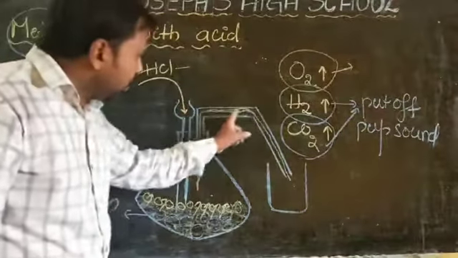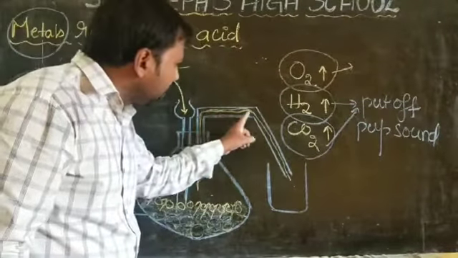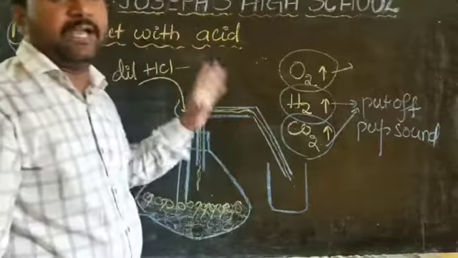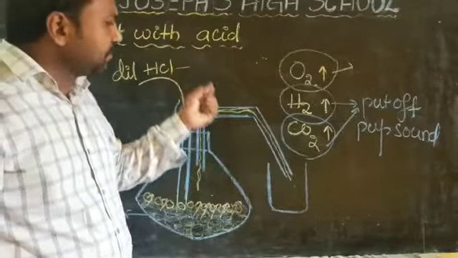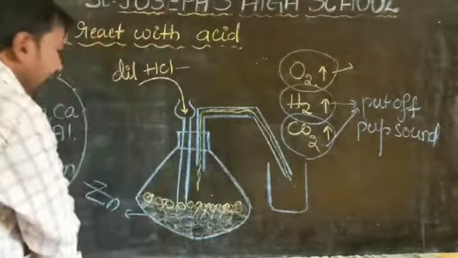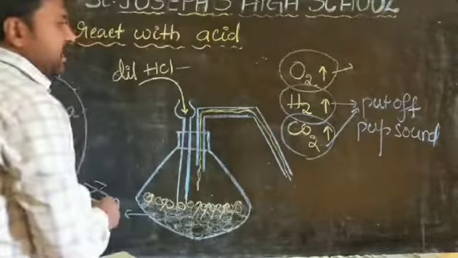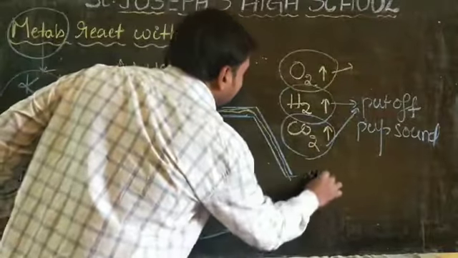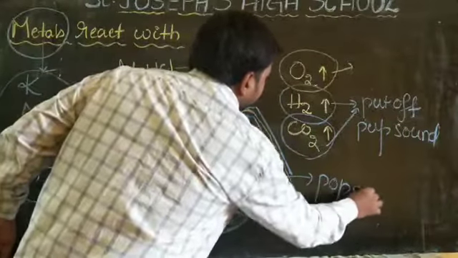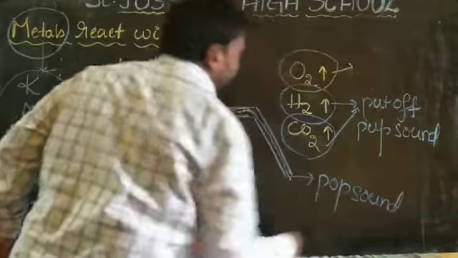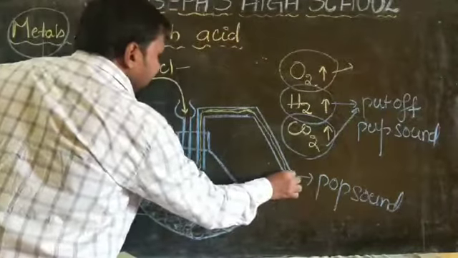Now, whatever gas is releasing through this delivery tube, we will check by bringing a burning splinter near this gas. If you check, what you will observe is that it will be put off by giving a pop sound. That means what gas is evolving here?